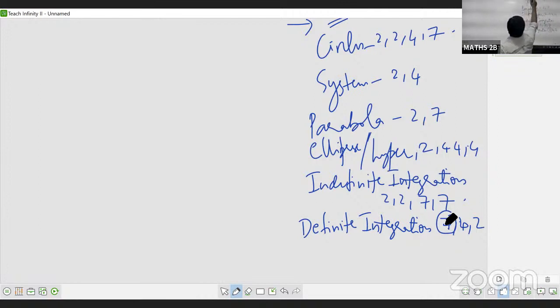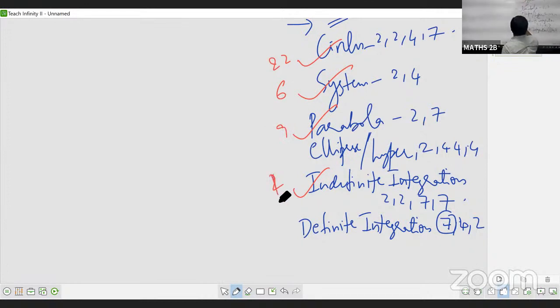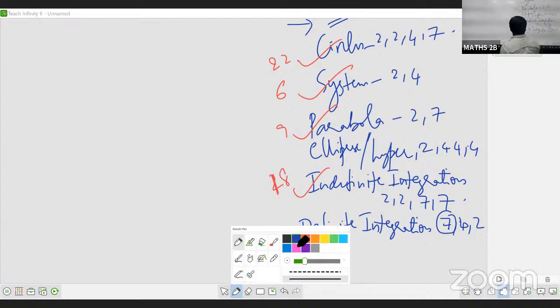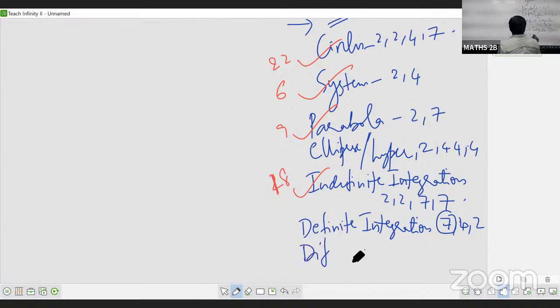See, your chapters will be circles, system of circles, parabola, indefinite. Here 22 marks, here 6, here 9, here 18 marks. And I told you differential equation also. In differential equation, you do 2 mark, already I told you, order and degree, formation of a differential equation, eliminating the arbitrary constants, we did those 2 marks.